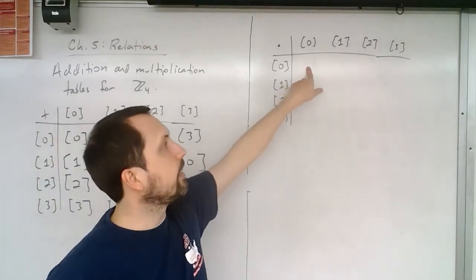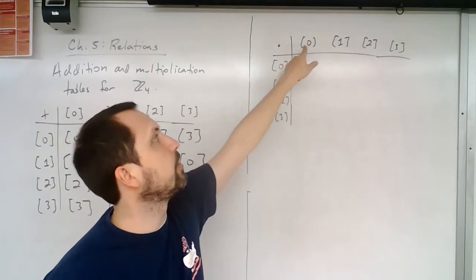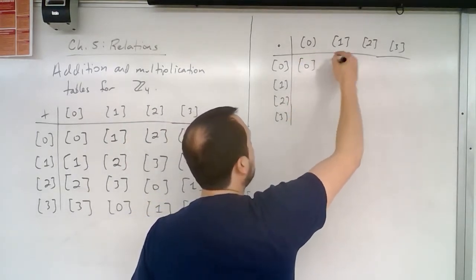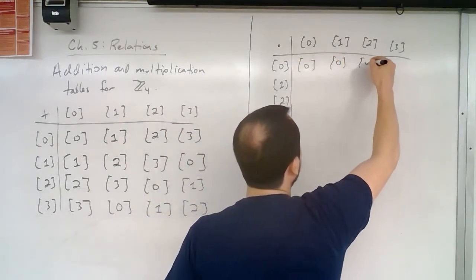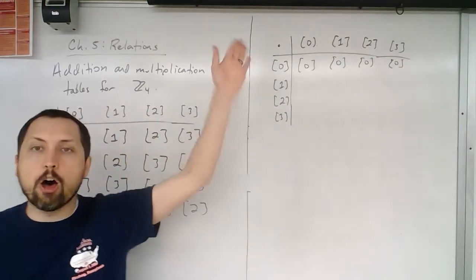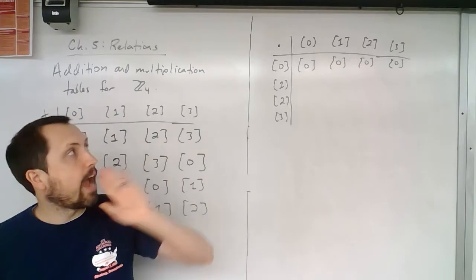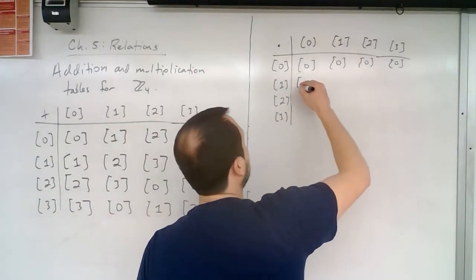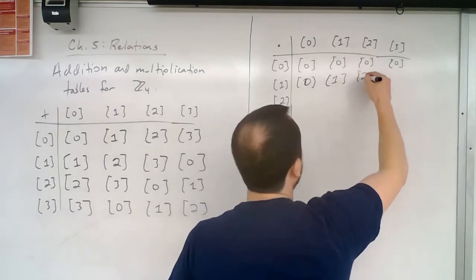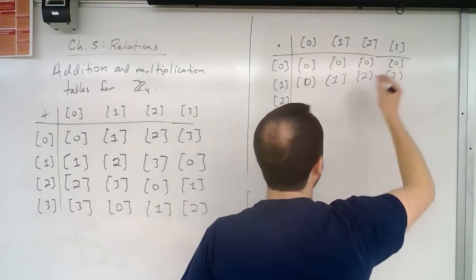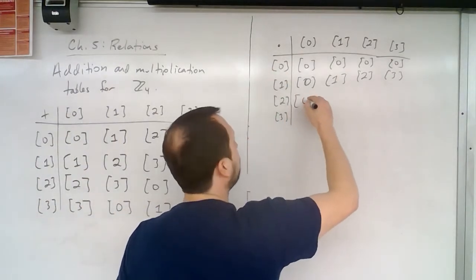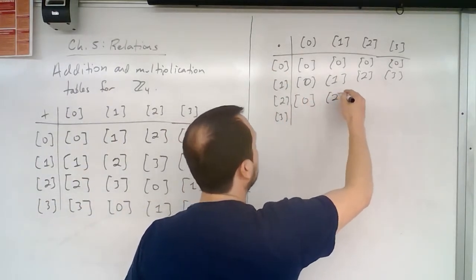Now multiplying, we do the same thing. I take 0 times 0, 0 times 1, 0 times 2, and everything. So what I get is this becomes a row of zeros. Right? 0 times all of those entries just becomes 0. I take 1 times all of these entries, and I'm going to get the same thing: 0, 1, 2, 3. If I now multiply 2 by any of these, I'm going to get 0, I'm going to get 2.